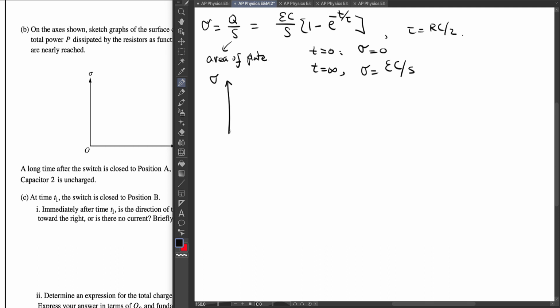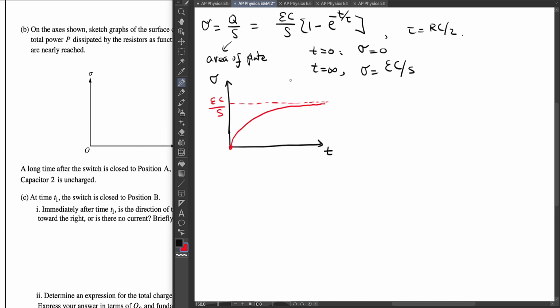Okay, so that is the maximum value we can get for the charge density. So if I plot the charge density as a function of time, then I should get 0 here at the beginning. And let's draw this horizontal dashed line to represent the maximum value. We're going to approach that in an exponential function. The exponential function will approach that indefinitely. However, we can never reach it until t equals infinity, which we know is impossible, right?